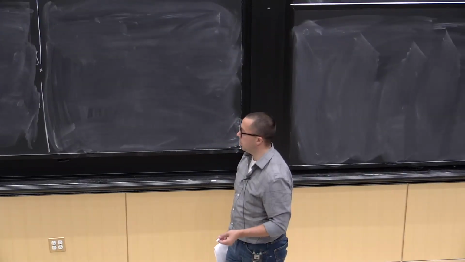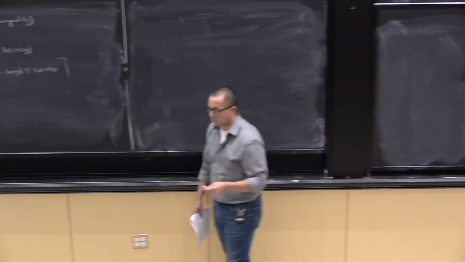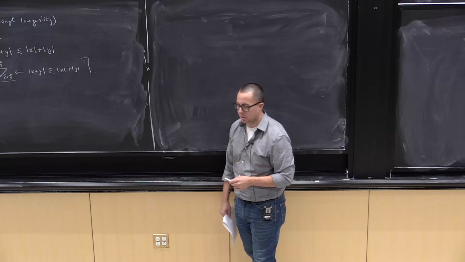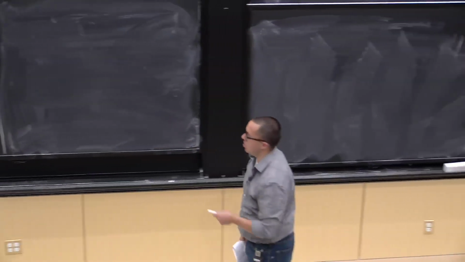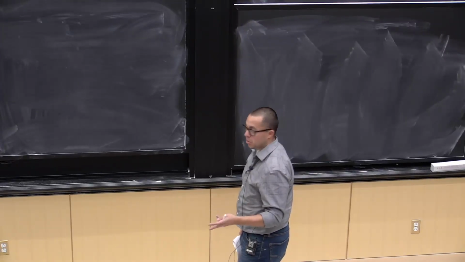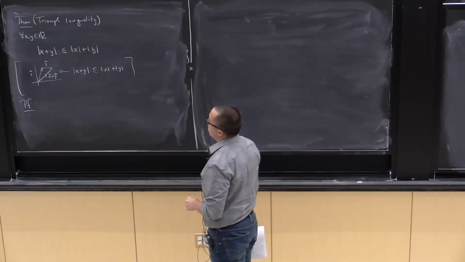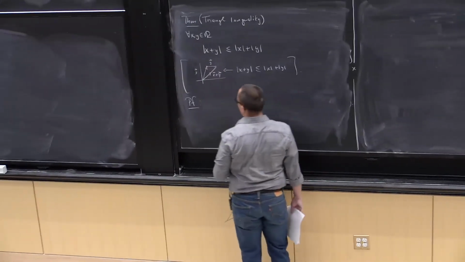I'm viewing it through the lens of what I find useful in PDEs, but triangle inequality, integration by parts, change of variables. Those three power the analysis machine that I'm most familiar with. So how do we prove the triangle inequality?